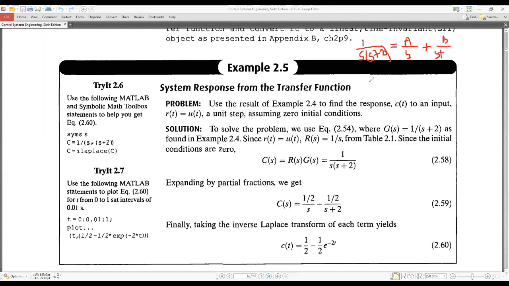Now when s is equal to 0, this one will be 0, and this one will be 0. Here instead of B, we can write 2. So we can write 0 is equal to B by 2.